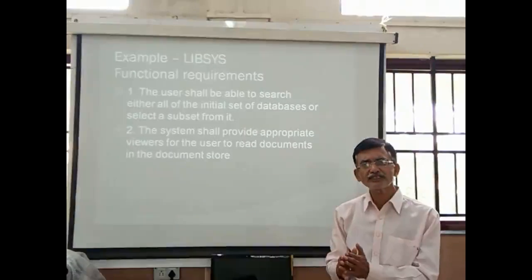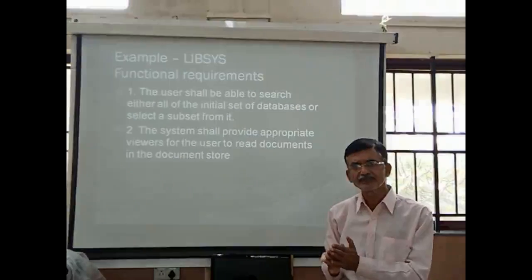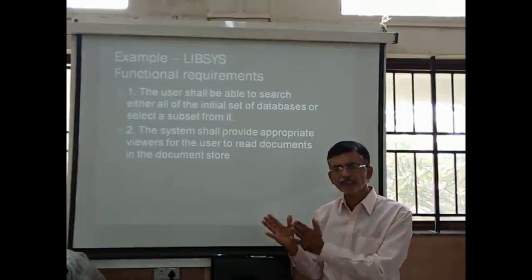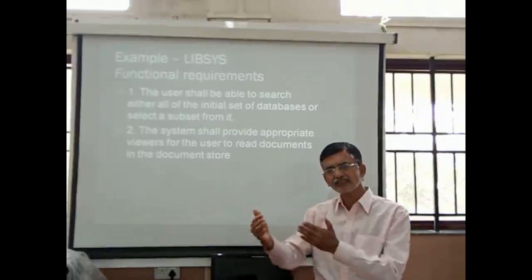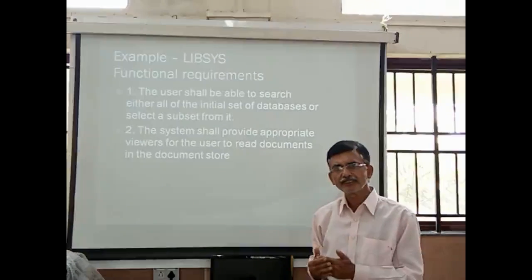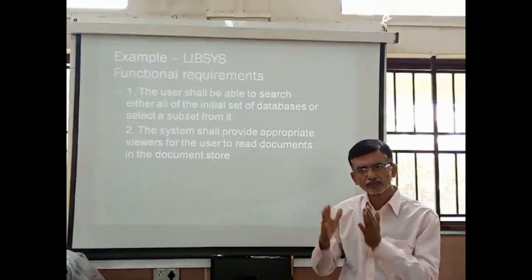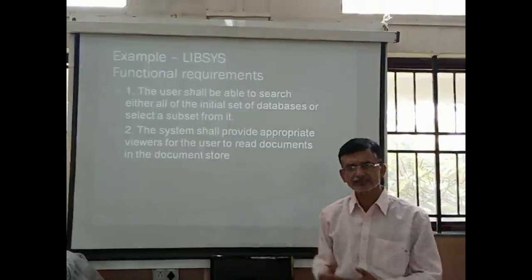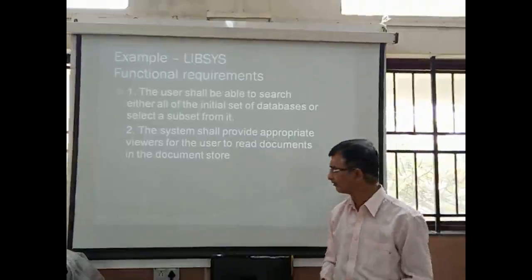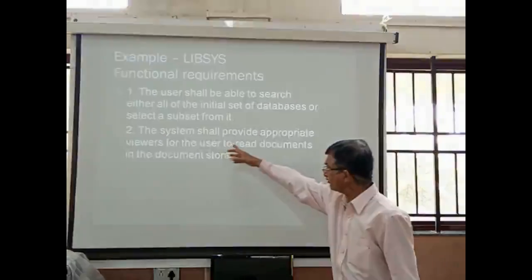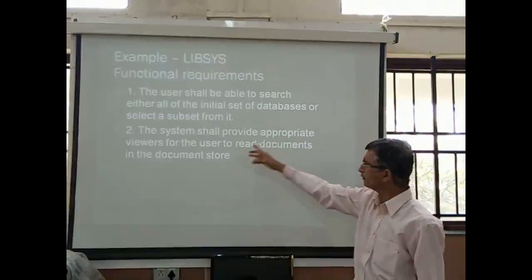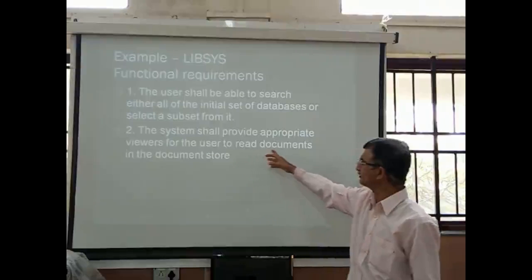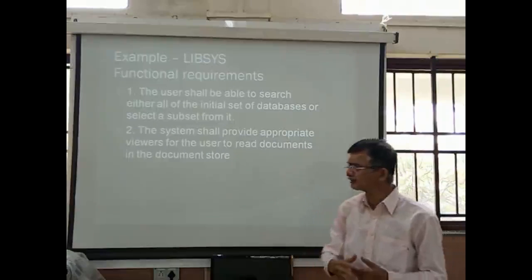Suppose he is interested only in commerce, he can take the subset as commerce and select the topic and the author. If he is interested in science, he can work only on science information and search for the required information. The system shall provide appropriate viewers for the users to read documents in the document store.